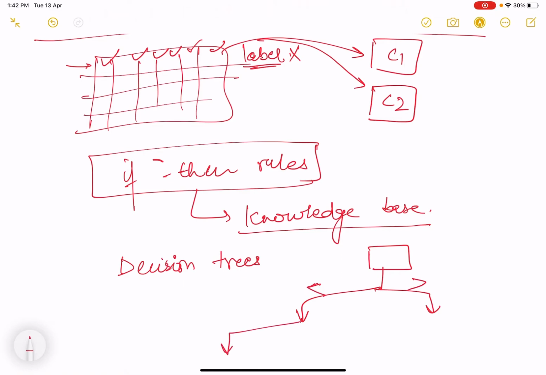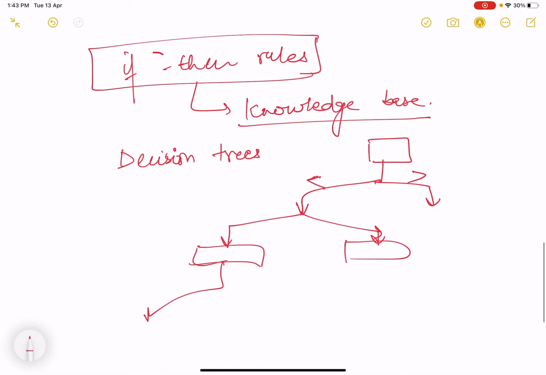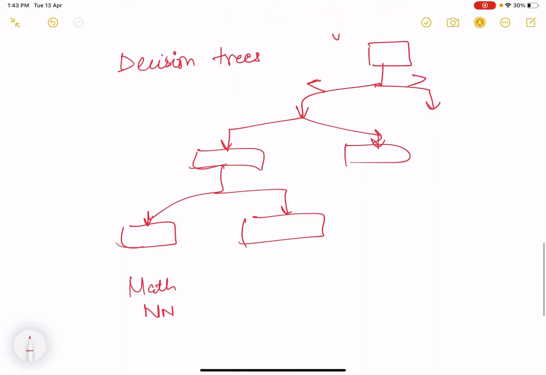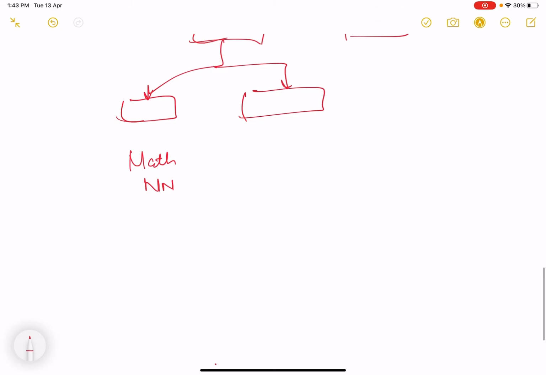For every option, we have another choice. Similarly, these kinds of choices keep on moving on as long as we get a full-fledged tree, so that we can obtain some answer to all of our options and choices. Similarly, we can use mathematical formulas, and we can also use neural networks for these kinds of problem domains. Now this is the classification problem.